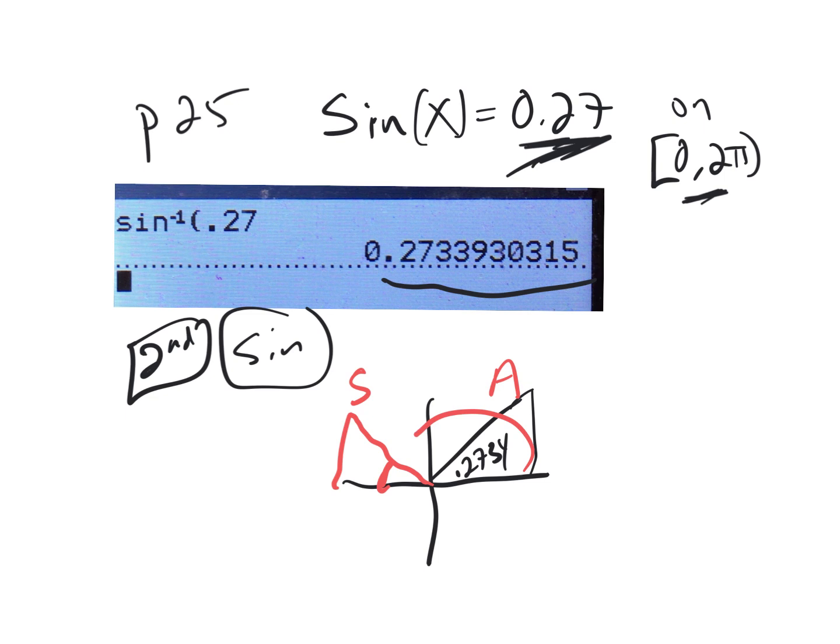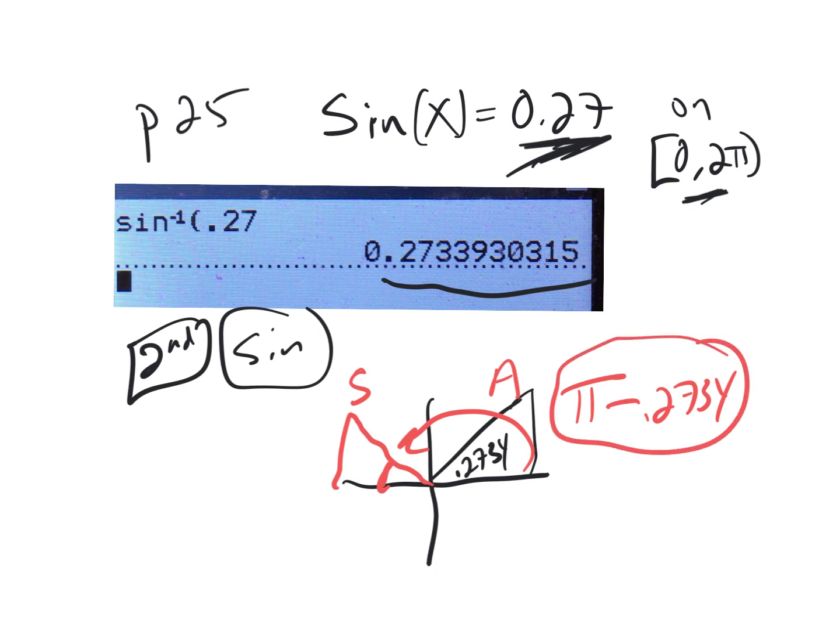To get this angle here, I've got to do pi minus the 0.2734. I'm not going to crunch that because that's just a decimal number. You could do that if you wanted to, and it's an odd numbered exercise, so you could look that up. So there's the two answers on 0 to 2 pi, and this has a period of 2 pi, so I know there's only two answers.